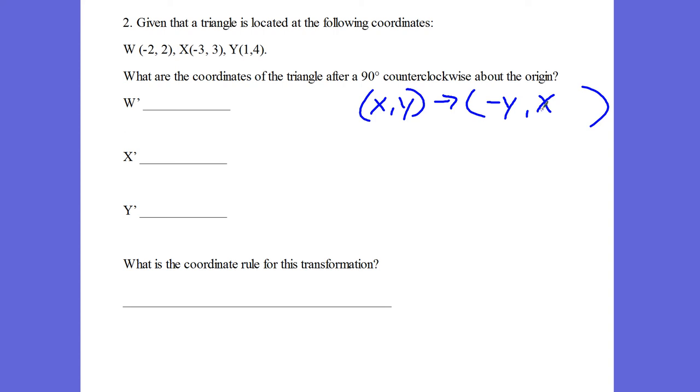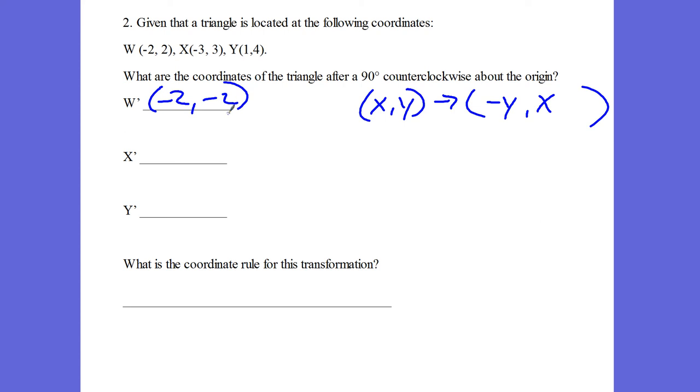Okay. If you have the rules, all this is going to be very, very easy. Okay? So that means that my W is going to become, so it's going to be opposite of my y value. So if my y value is -2, -2, and -2, very good.